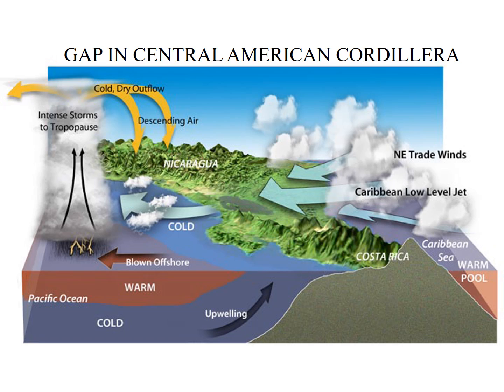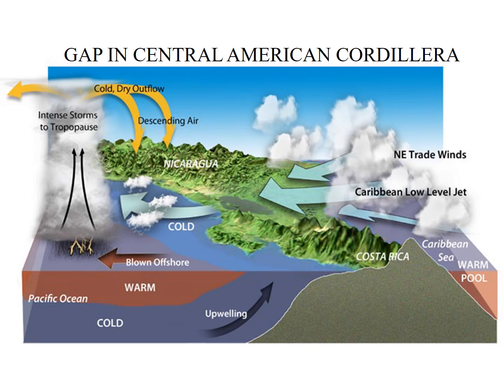In this diagram, you can see what happens when the Caribbean low-level jet, indicated to the right, coming in from the warm water of the Caribbean Ocean, is funneled between the highlands of the Cordilleras of Costa Rica and Nicaragua and rushes through the gap.